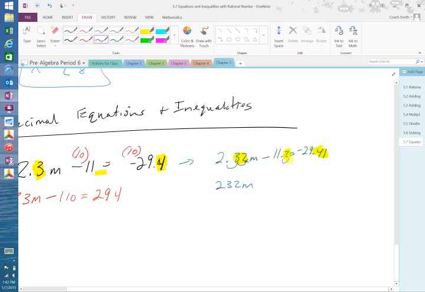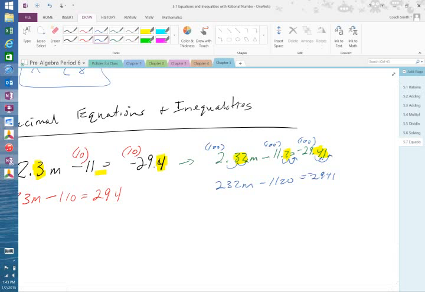Move it once, twice, so that's 1,120. Move it once, twice, 2,941. That's all you're doing. And what you did is you basically multiplied each term by 100, because that's what it takes to move a decimal twice.